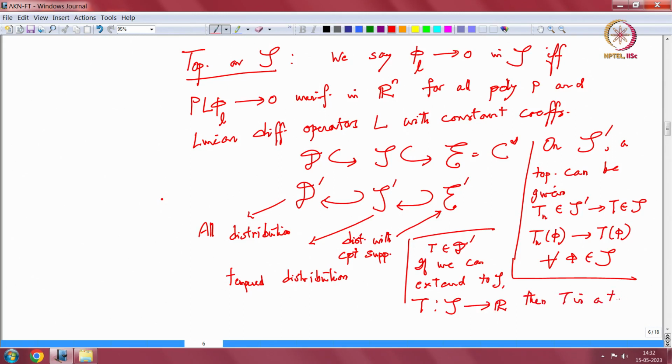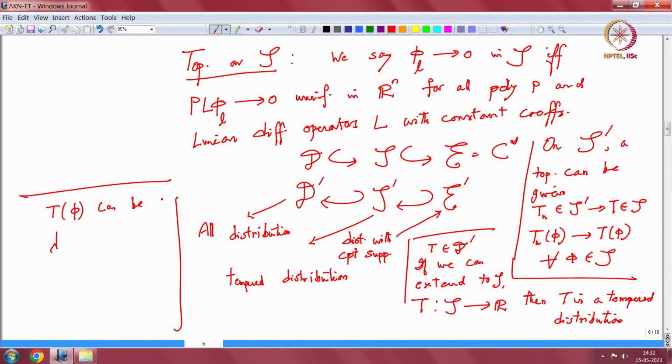That is the way you will see. Only those distributions which can be extended to zeta are called tempered distributions. So, tempered distributions basically means T(phi) can be defined for all phi in zeta.